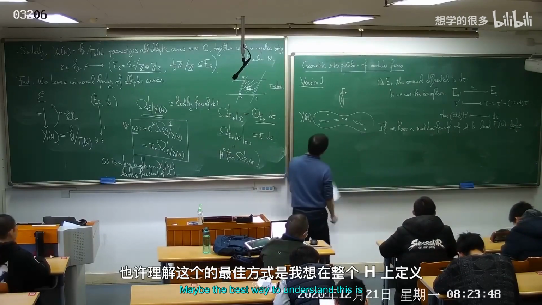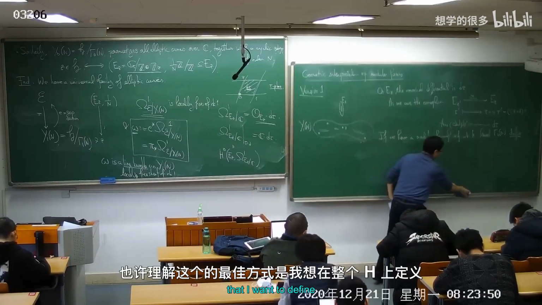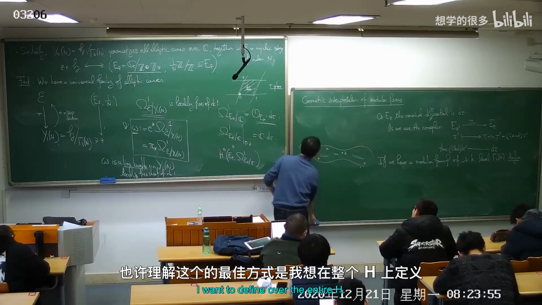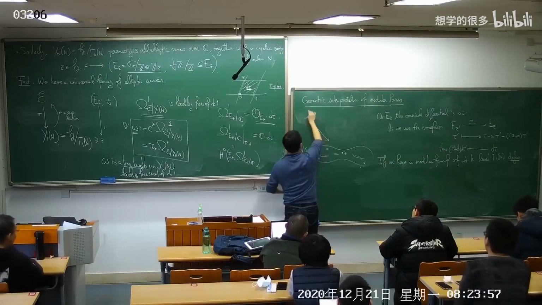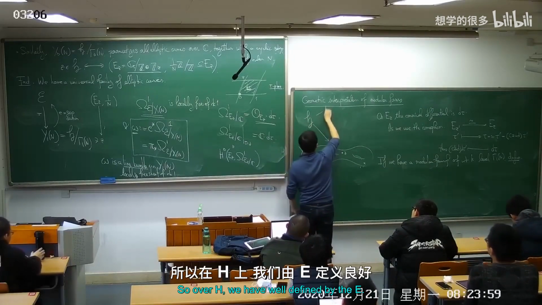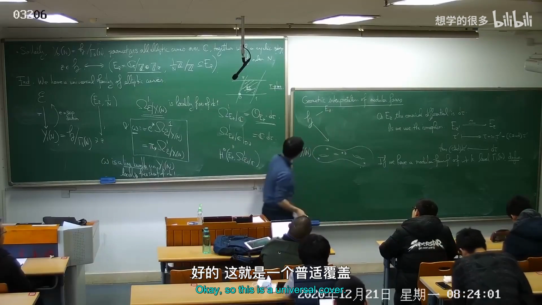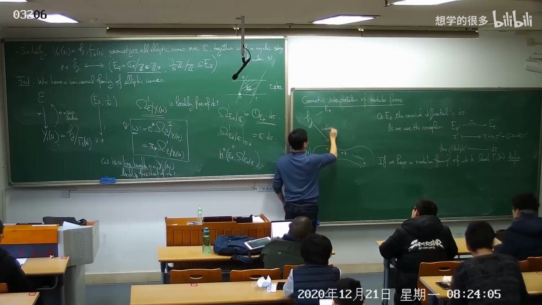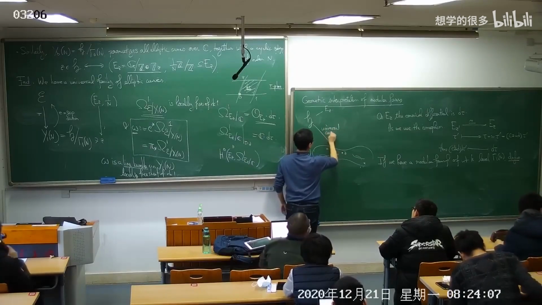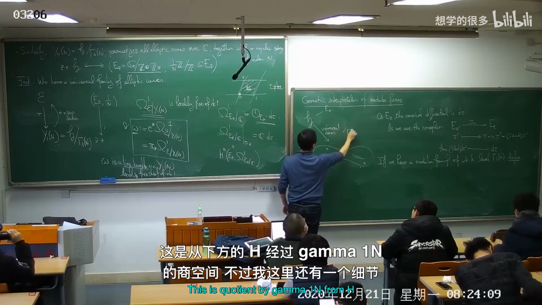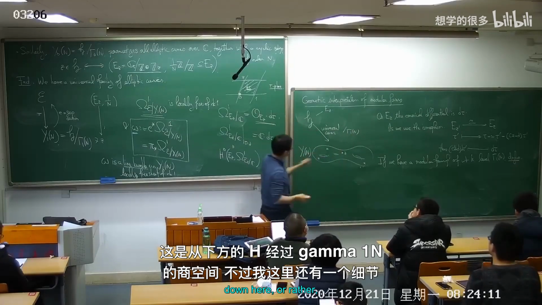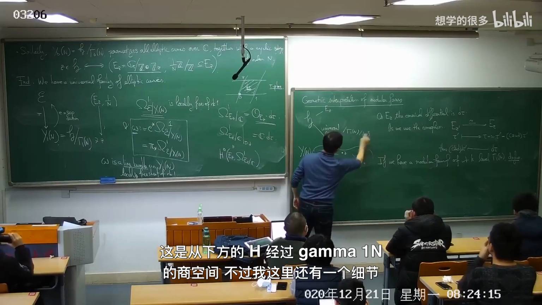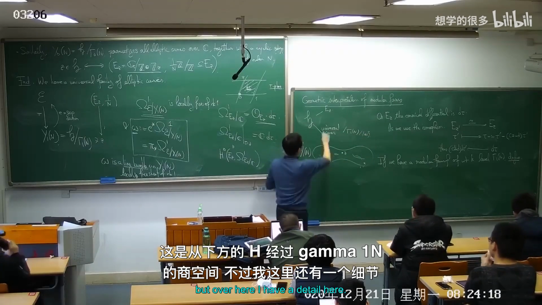Maybe the best way to understand this is that I want to define it over the entire H. So over H, we have a well-defined EZ. This is a universal cover, and the quotient by gamma 1 of N from H goes down here, but over here I have a d tau.